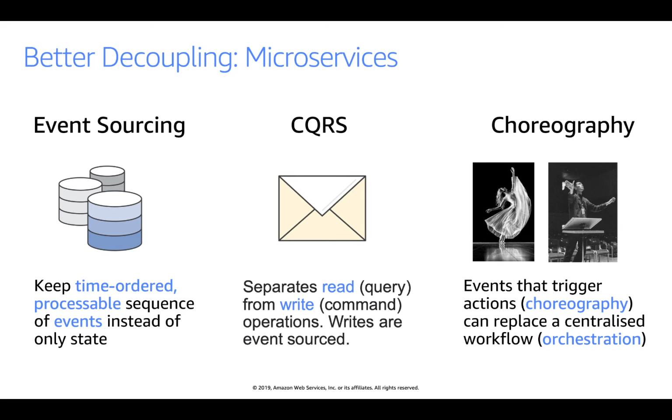This is a metaphor for a centralized workflow, whereas a ballet where there is no conductor in front is very similar to choreography, where systems just interact. Those ballet dancers, they don't bump into each other. And in the same way, those events just trigger actions, and it's super easy to extend such an action by another action that can be triggered by the same event because there is no centralized workflow.